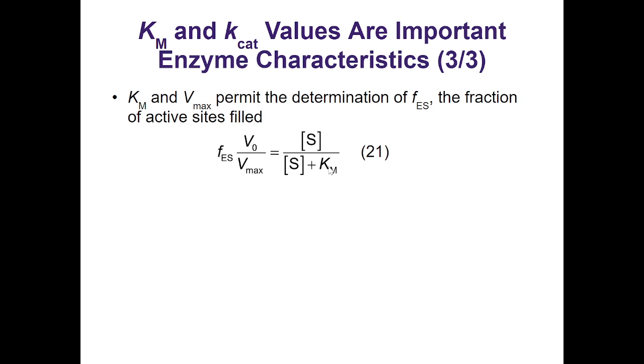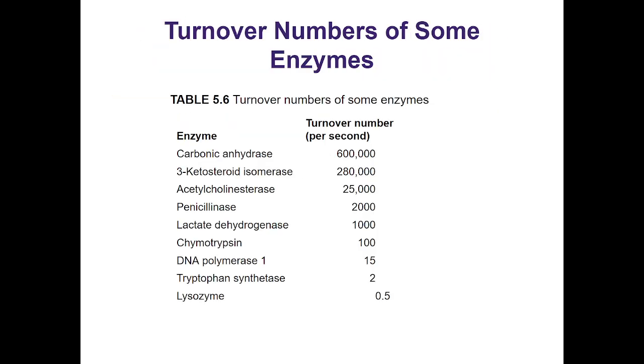This actually makes a lot of sense if you start thinking about it, because this value right here directly corresponds to that. That's actually a ratio of the enzyme being bound anyways.